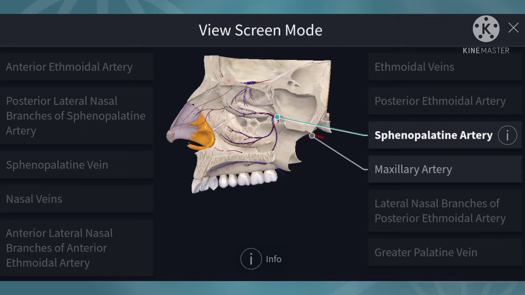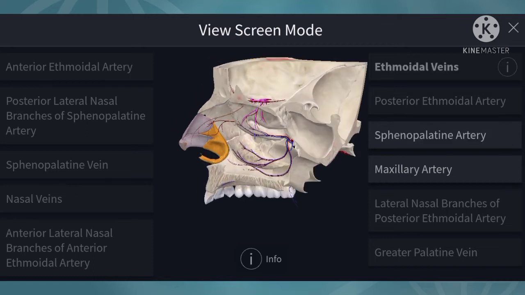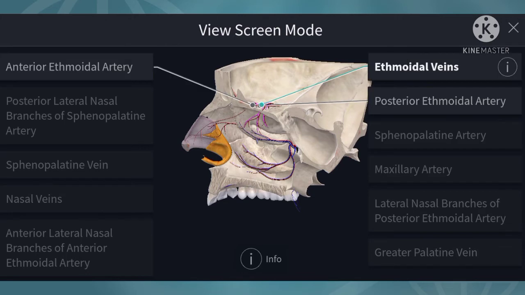Now we will talk about the venous drainage. The anterior superior quadrant is drained by the ethmoidal vein, the anterior inferior quadrant is drained by a branch of the facial vein, and the posterior superior quadrant is drained by a few branches of the sphenopalatine vein.